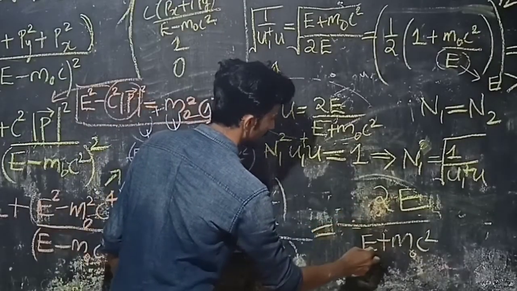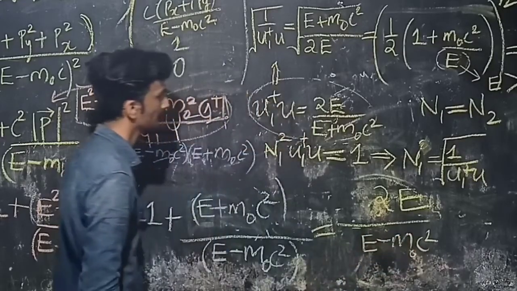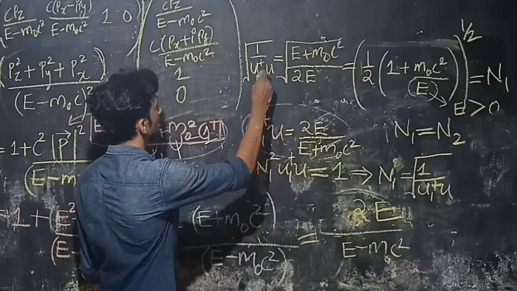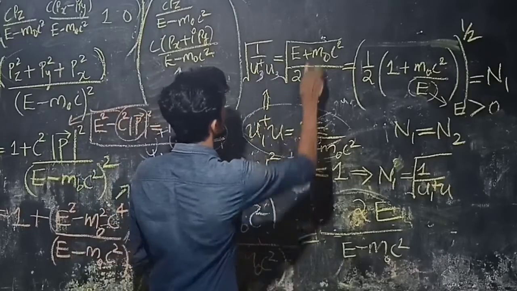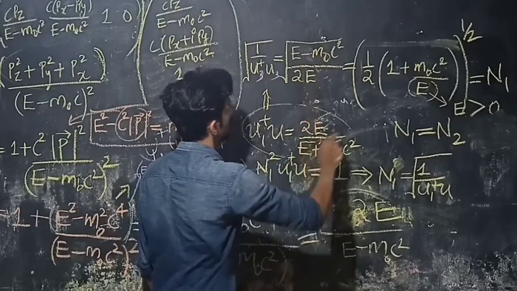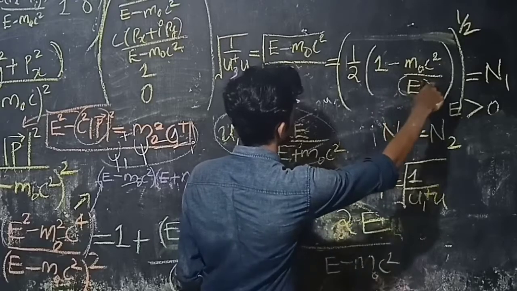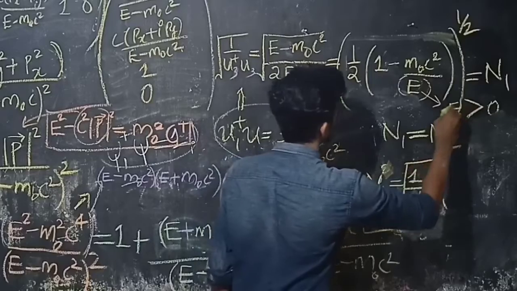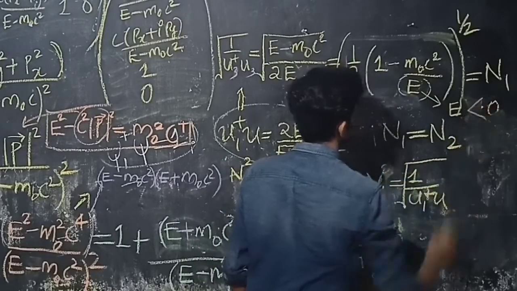That gives 2E divided by E minus m naught c square. So this is actually u3 diagonal times u3. So 1 by u3 diagonal times u3 gives E minus m naught c square over 2E, minus m naught c square over E, and this E is actually negative. E is less than 0.